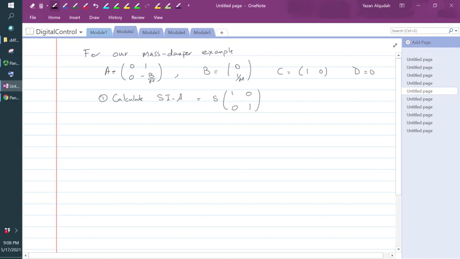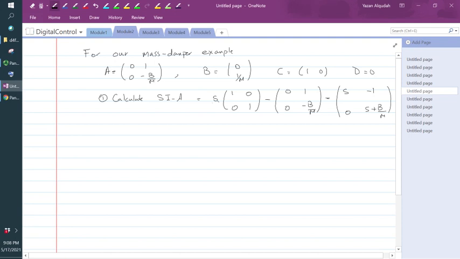This is s multiplied by I minus A, which is 0, 1, 0, negative B over M. Now if I multiply and subtract, what am I going to get? The first term is going to be s minus 0, which is s. s multiplied by 0 minus 1 is going to be negative 1. s multiplied by 0 is 0, minus 0 is a 0. s multiplied by 1 minus negative B over M is going to give me s plus B over M.